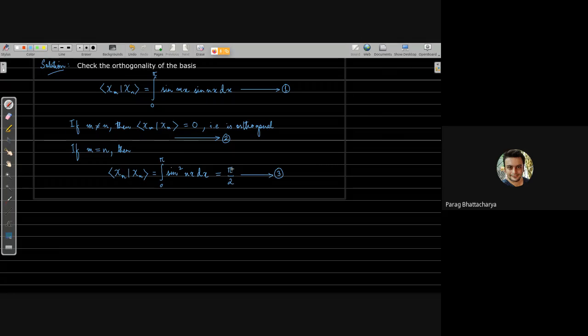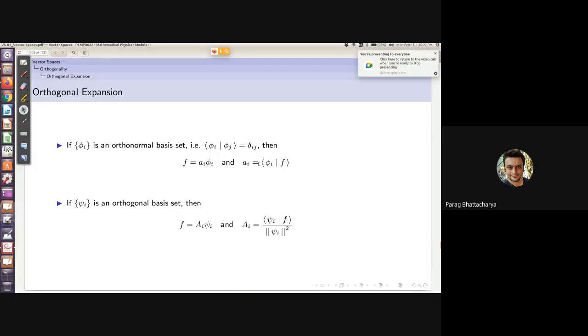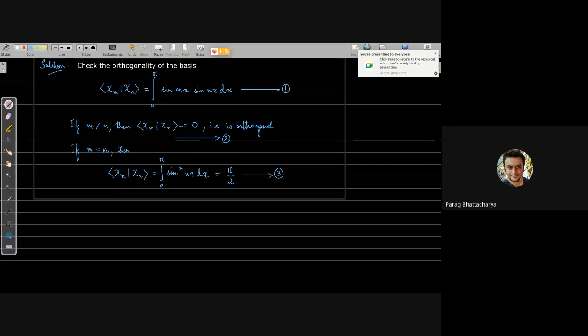If this had been 1, then it would have been normalized. How do you define an orthonormal set? When you take the scalar product of any two members, it should be equal to a Kronecker delta, that means either 0 or 1. But here, when they're not equal, it is 0, that's fine. But when they're equal, it is not 1, it is equal to pi by 2. So this tells us that this is not normalized.